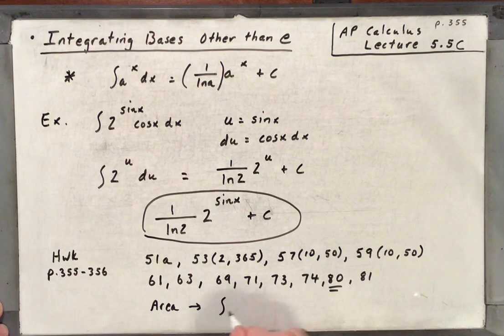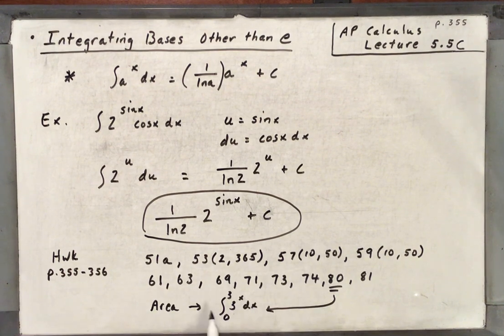So in this case, you would integrate 3 to the x from 0 to 3. That'll give you the area under the curve from 0 to 3. So that's number 80. If you've forgotten from chapter 4, we're going to do a lot of finding areas under the curve in the future, but in case you've forgotten, that's how you do number 80. The rest should be self-explanatory.